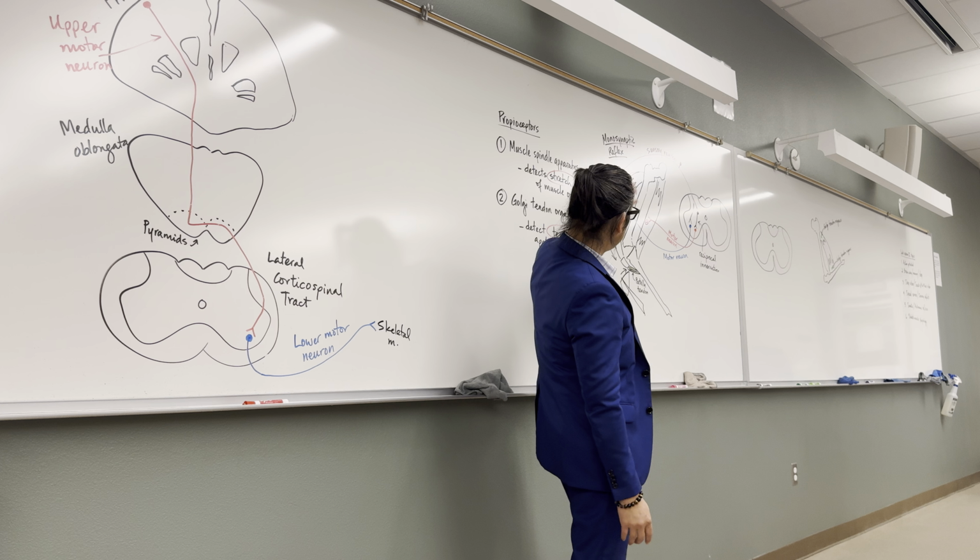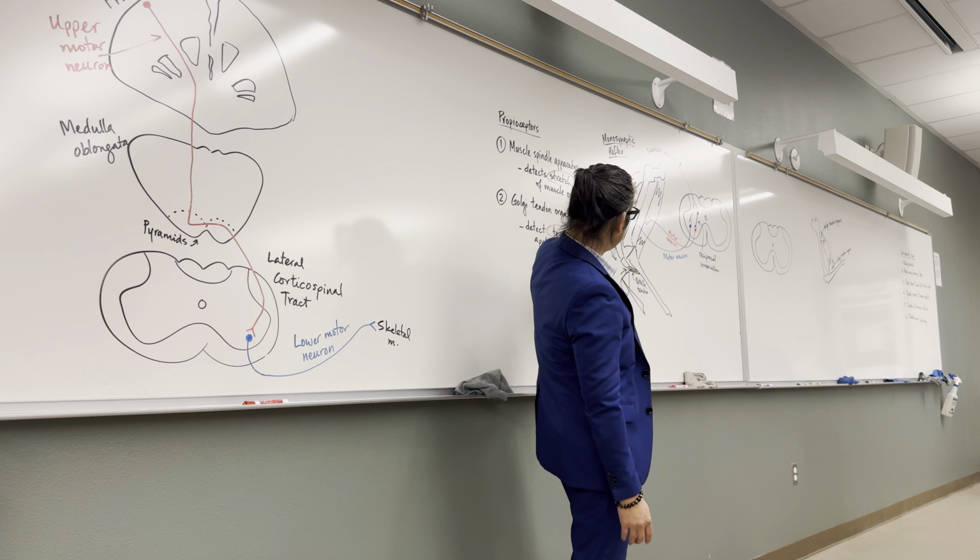As it moves down the medulla oblongata, once it reaches this portion here, this is called the pyramids of the medulla. So this particular area here and on the other side. So essentially, once this axon reaches the pyramid, it will decussate over to the other side.